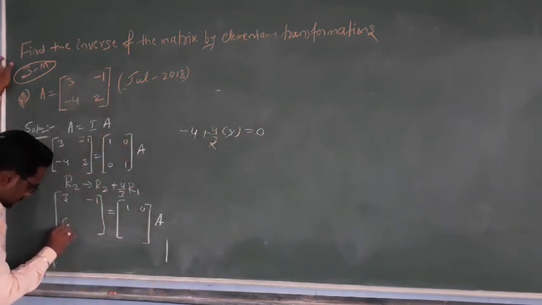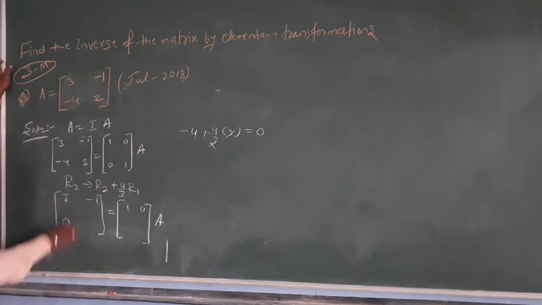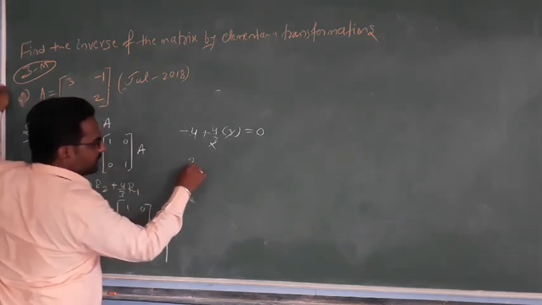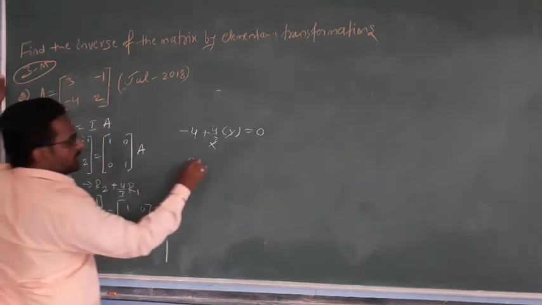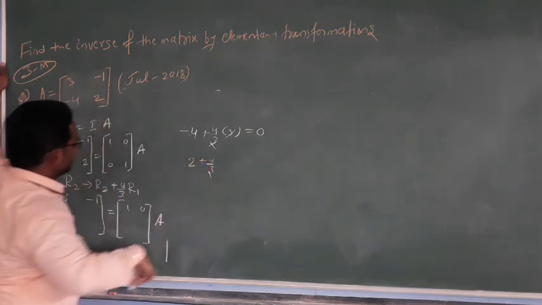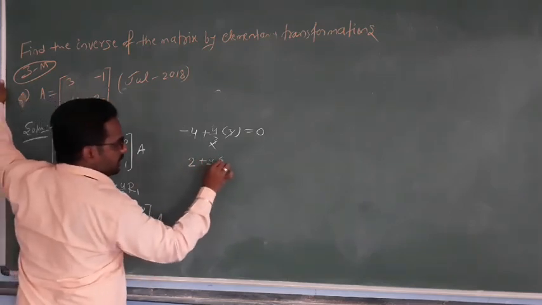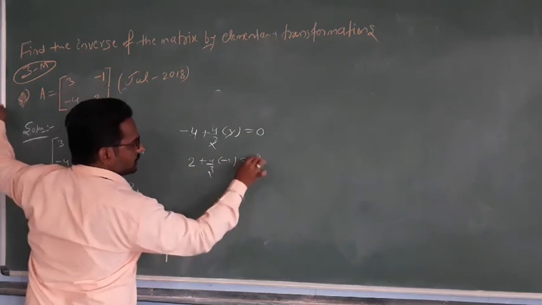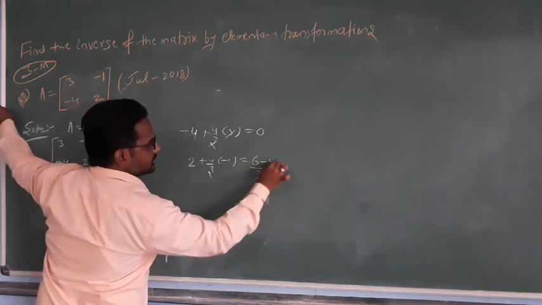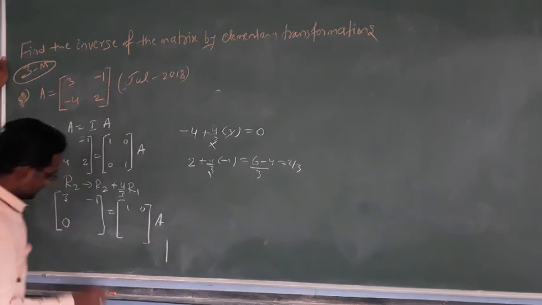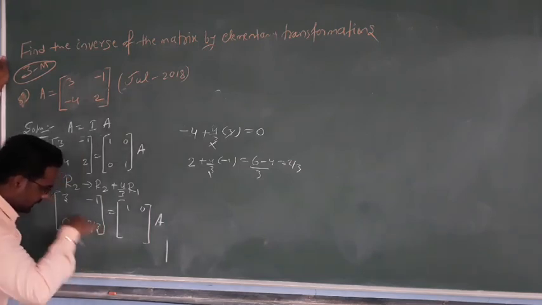So you get the 0 here. Next, second element of R2, that is 2 plus 4 by 3. The R1 element is minus 1. So 3 into 2, 6 minus 4 divided by 3, that is 2 by 3. So you get the 2 by 3 here.